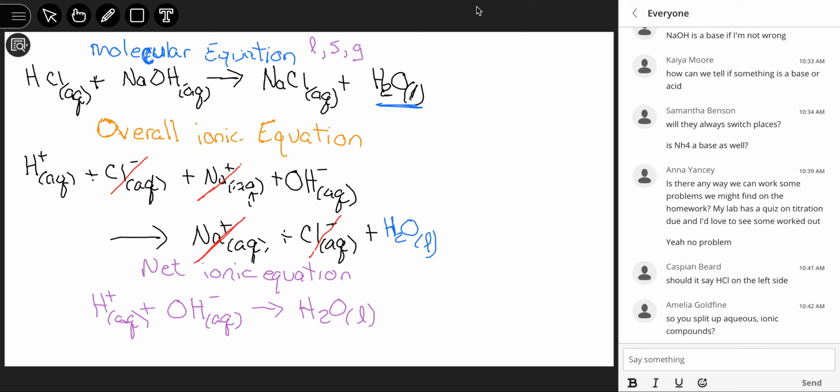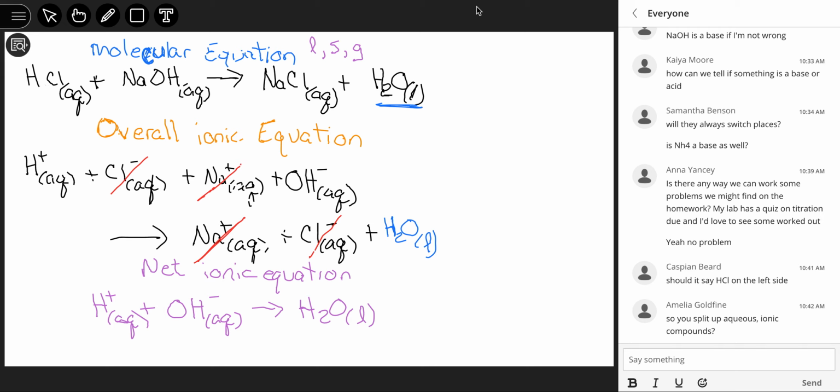Now the net is what's left after the government takes their piece. So usually it's 75% of what you earn. So this is like the net paycheck in that there's less there. So you take out the pieces that are identical, the spectator ions, and what's left is the net ionic equation.